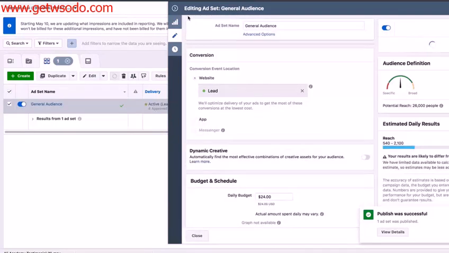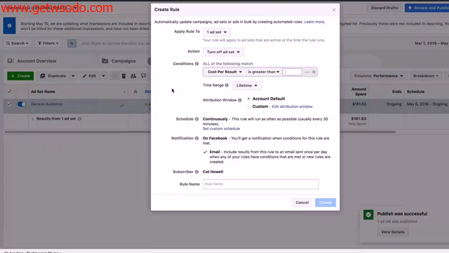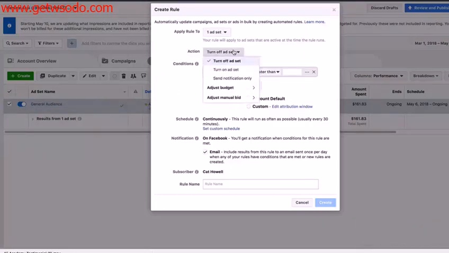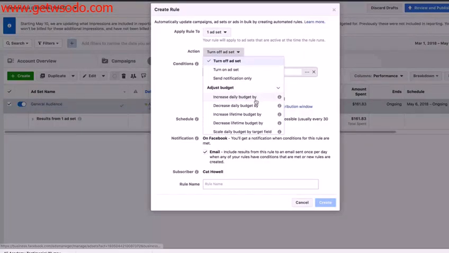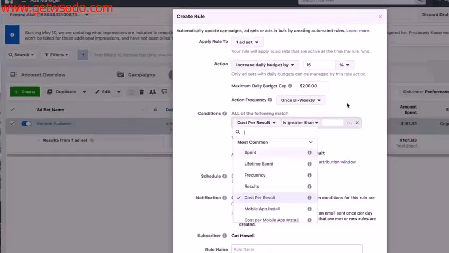Now you can create an automation rule for this, guys. Don't forget about that. So you can create a rule to increase the budget automatically. So adjust budget, increase daily budget by 16%. And you can put a cap here as well. So let's say it's $200, you know, once bi-weekly.